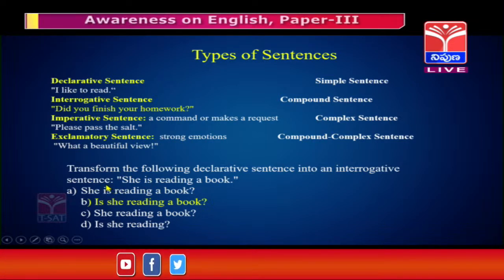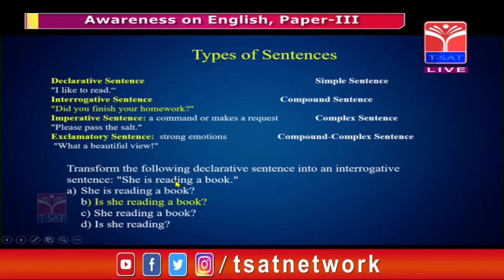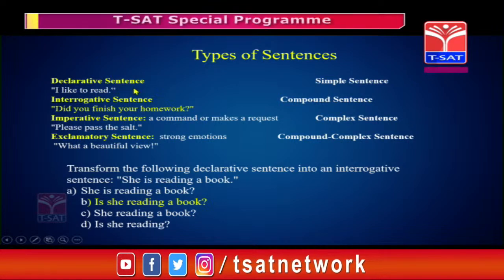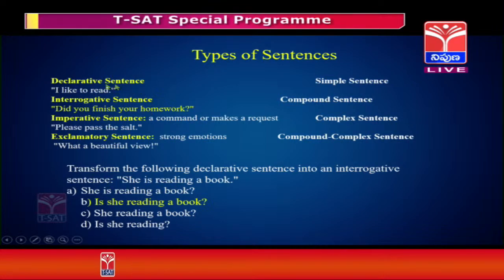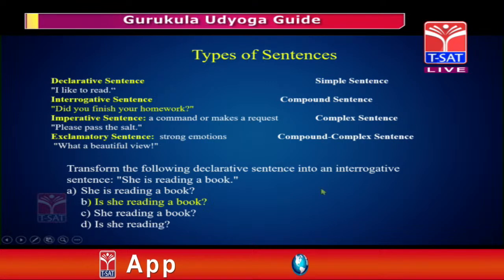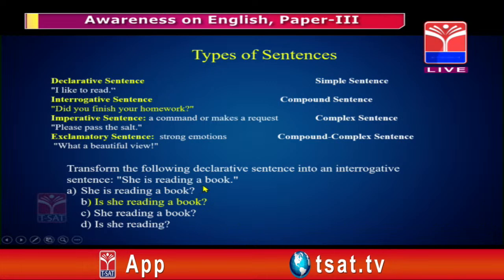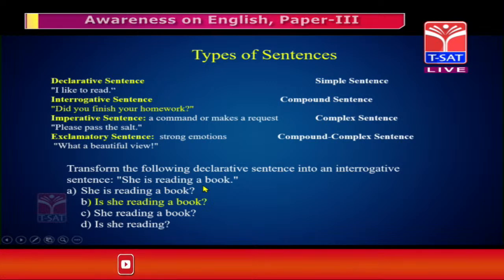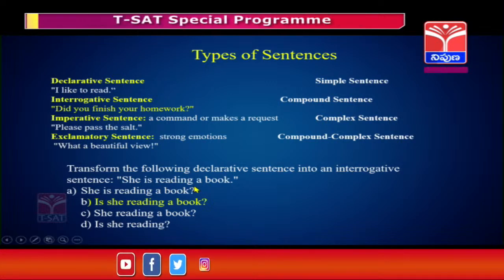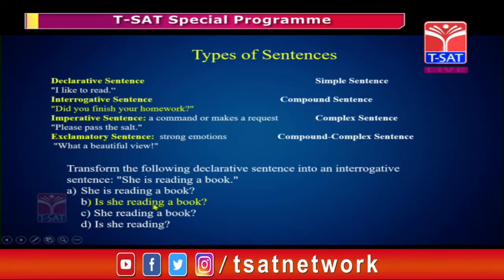First thing is that they can give you a sentence and ask you to convert it. Suppose a declarative sentence is given and they ask you to convert it into interrogative. See here, they gave the declarative sentence, she is reading a book, and they asked us to convert this particular sentence into a question. So, is she reading a book?